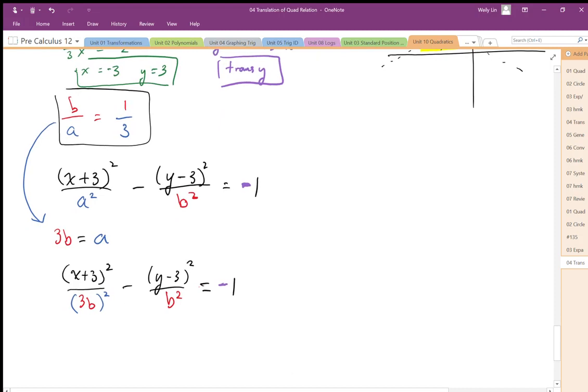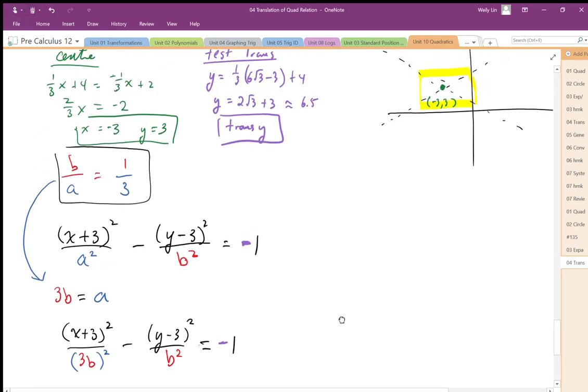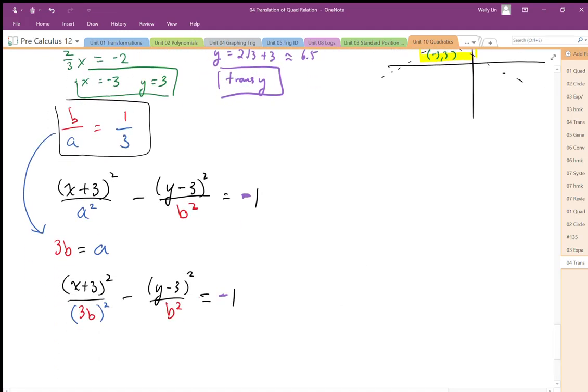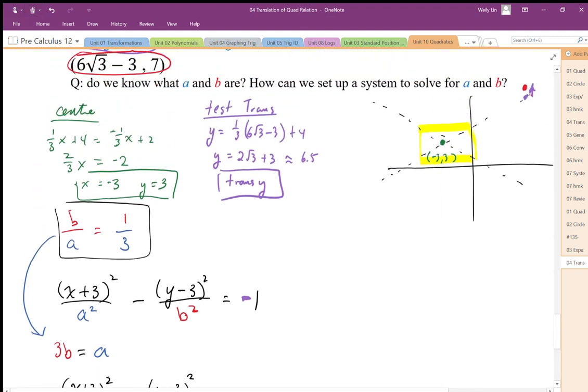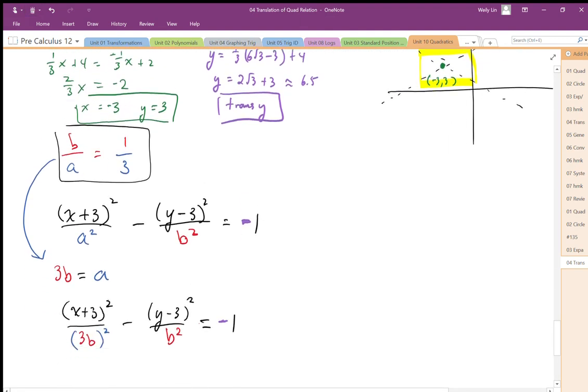So then I just need to solve for b. I'm just going to plug in my x and y now. Okay, so my x and y, I have it in red up here. So it's going to look like this. I'm going to plug in my x and y. I'm just going to change the color to orange just so that's a little bit more clear. My x was 6 root 3 minus 3.